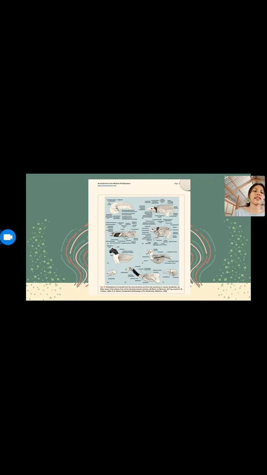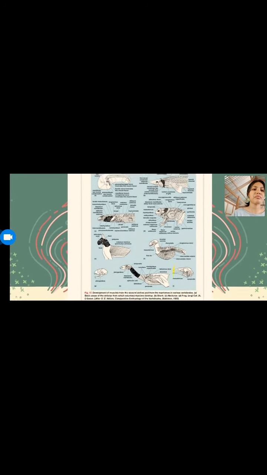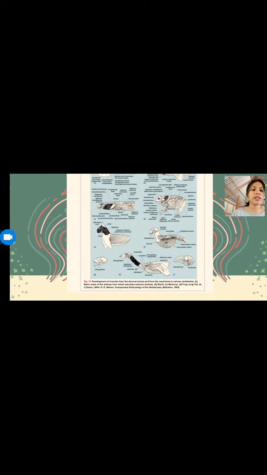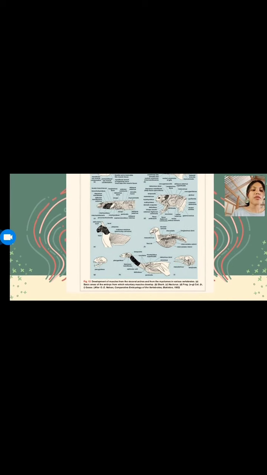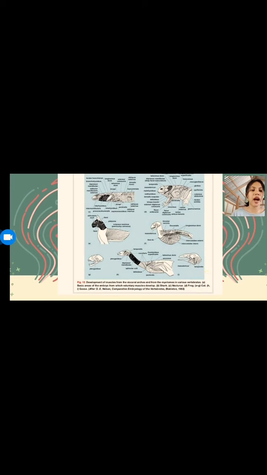We can see here in figure 13 the development of muscle from the visceral arches and the myotomes in various vertebrates, the basic areas in the embryo from which voluntary muscles develop.